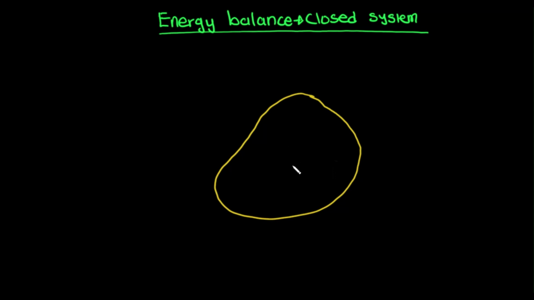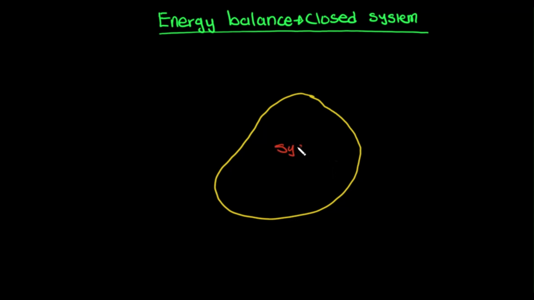In this case, we're down to Earth and we've picked a region of matter that we are interested in studying, and we have called that region our system. So inside the boundary that I've drawn is going to be our system.